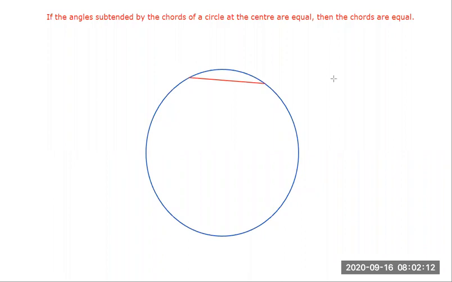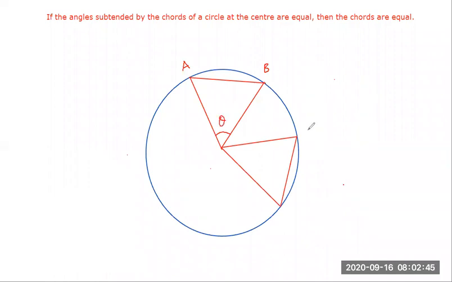So let's say this is one chord, and this is the second chord. This is the center. It's given that the angle subtended by this chord and the angle subtended by this chord are equal. Let's say the angle subtended by chord AB is theta, and the angle subtended by chord CP is also theta.